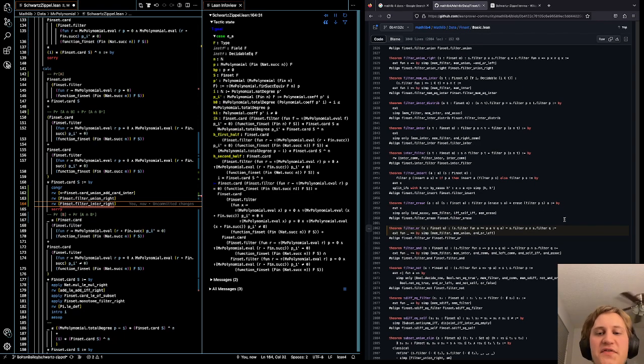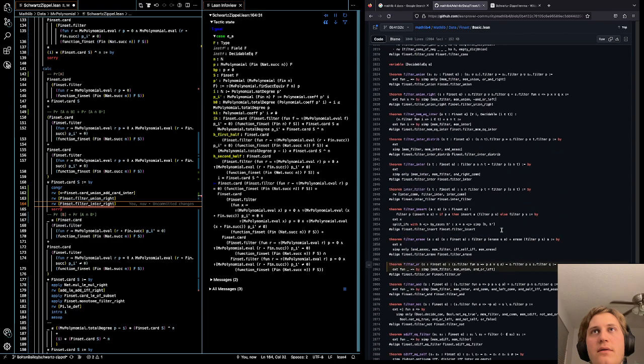this is what aliases are for, right? Filter or, filter union right. And I think they have the exact same conditions.